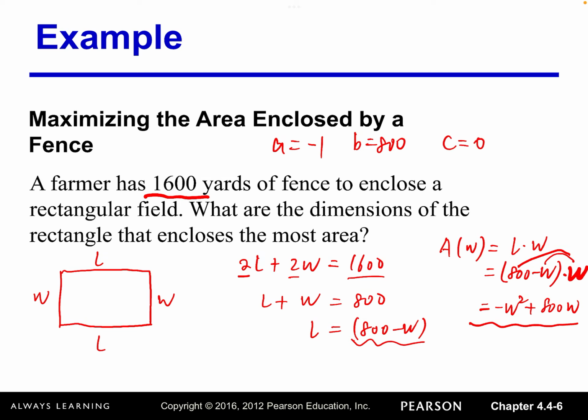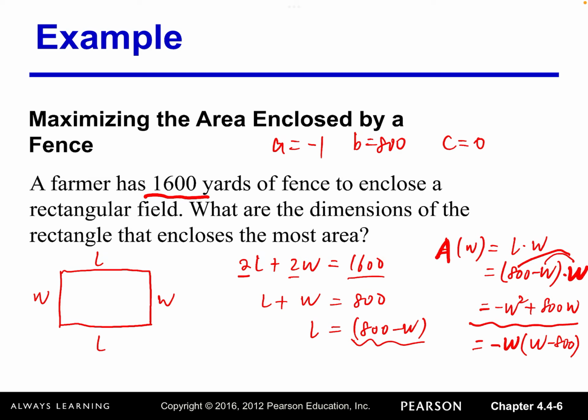And then if we want to solve this quadratic function, we can simply factor negative W out, and then we get W minus 800, right? We factor negative W out, so the remaining factor will be W minus 800. If we want to solve this function, let the area equal 0.